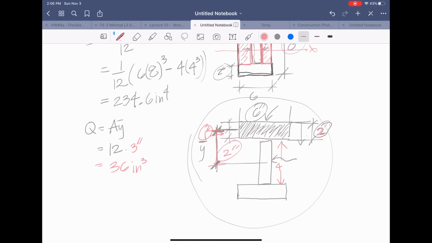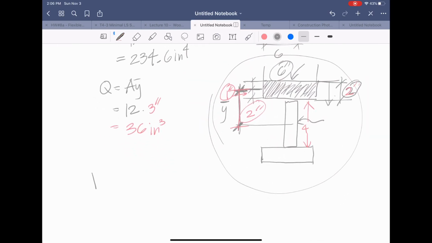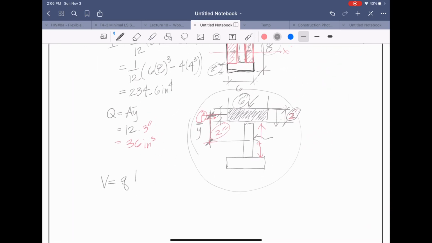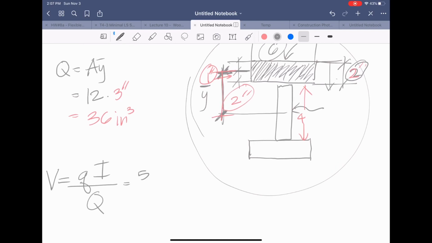And so we're very close to the answer at this point, right? So we check back up to our equation. Let's bring it down. V is equal to q I over Q. So do we have everything now? Yes, we do. We know that q is equal to 50.